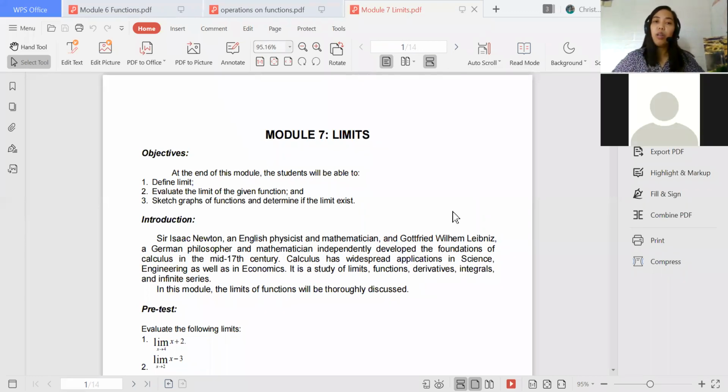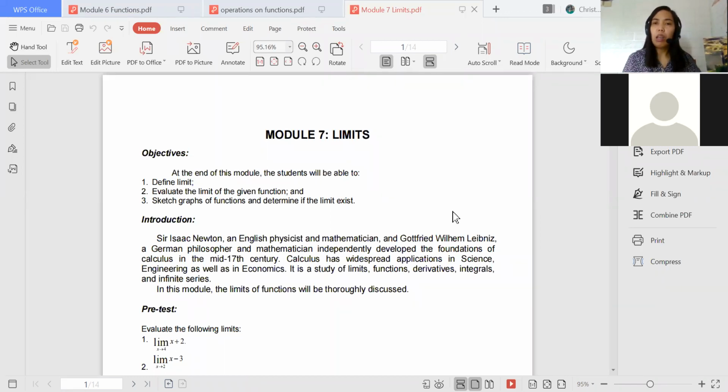Sir Isaac Newton, an English physicist and mathematician, and Gottfried Wilhelm Leibniz, a German philosopher and mathematician, independently developed the foundations of calculus in the mid-17th century. So the two proponents of calculus are Isaac Newton and Leibniz. Okay?